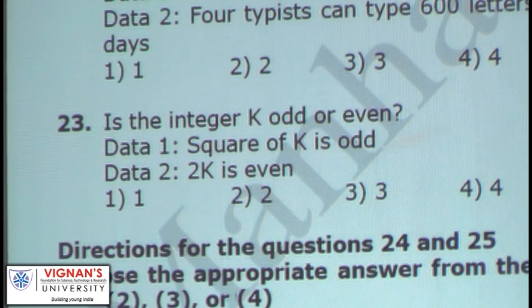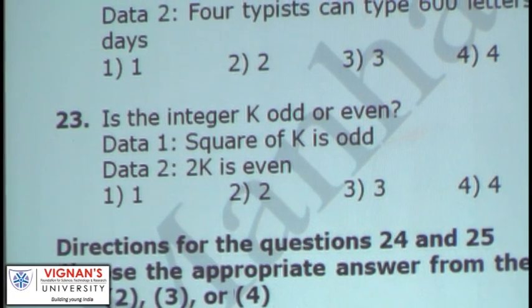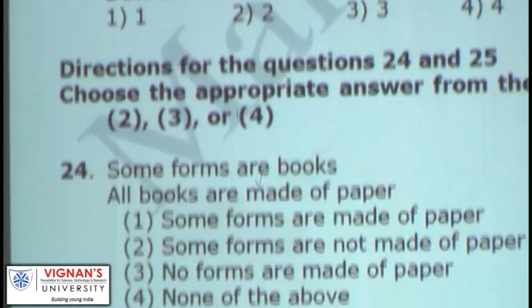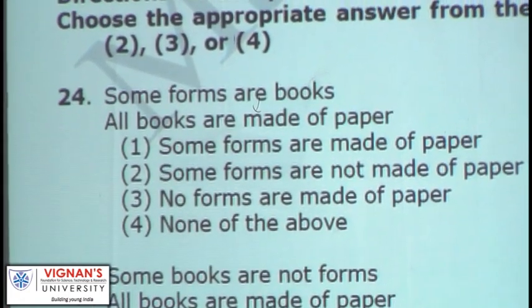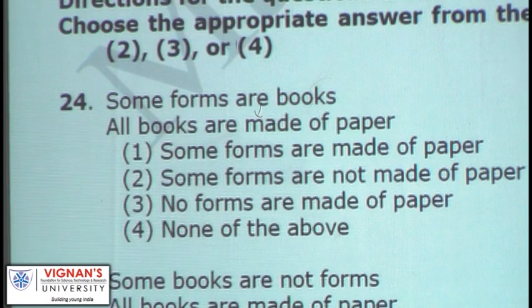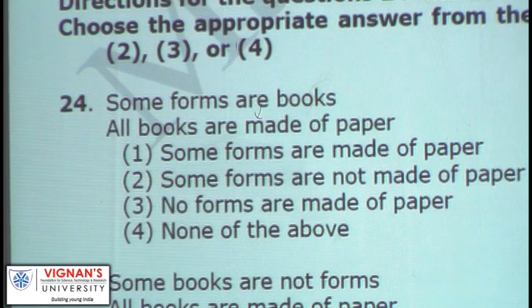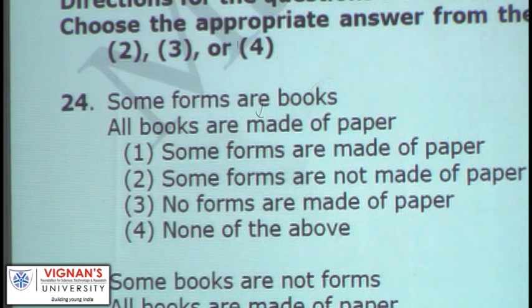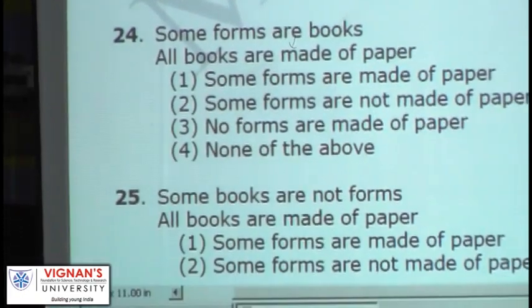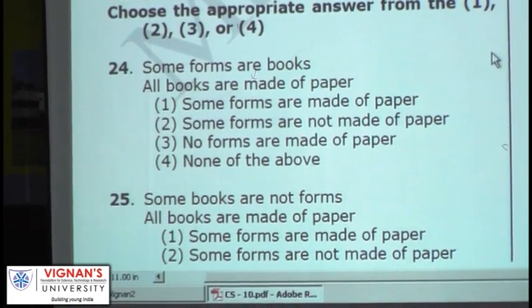Now, some forms are books. Some forms are books. All books are made of paper. What is the basic Venn diagram for 24?